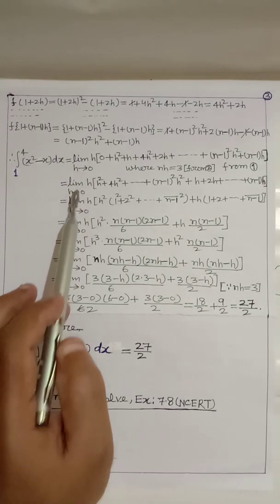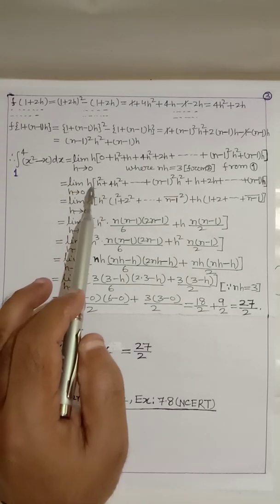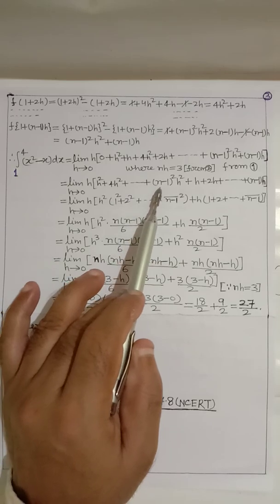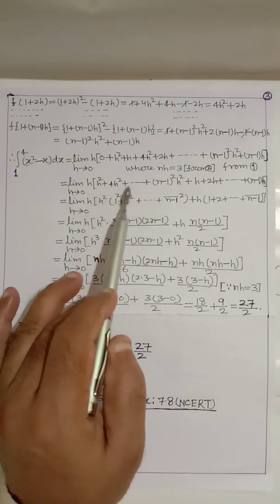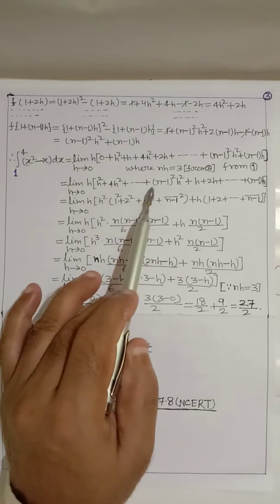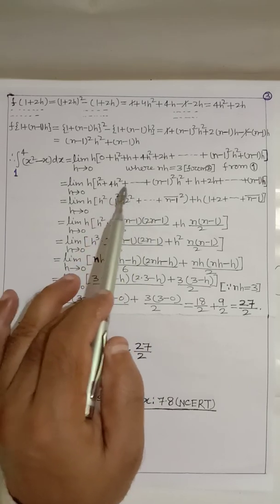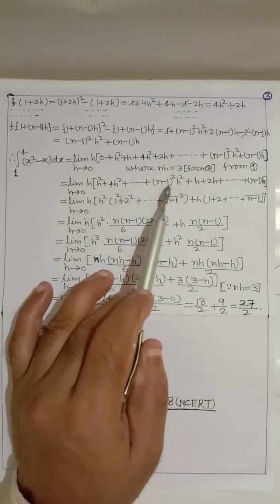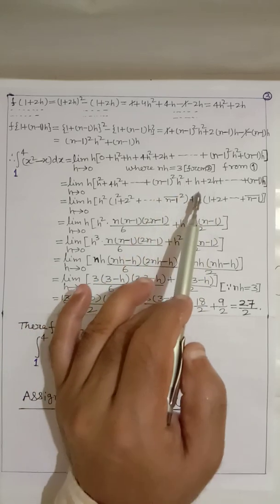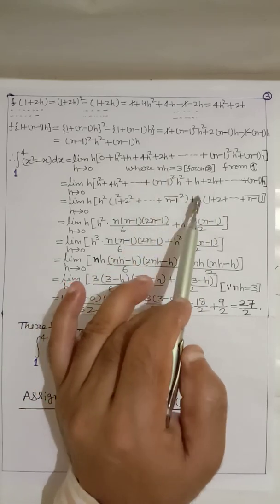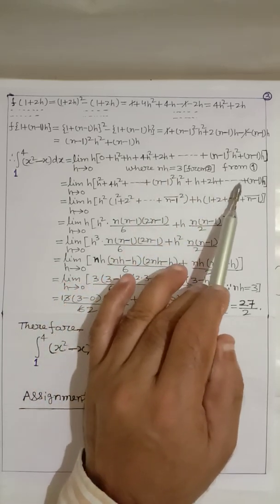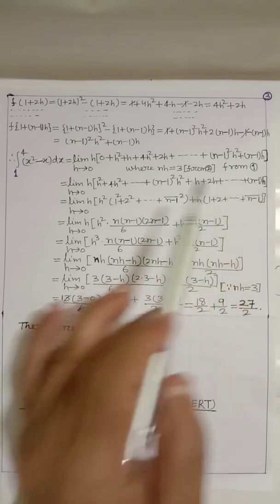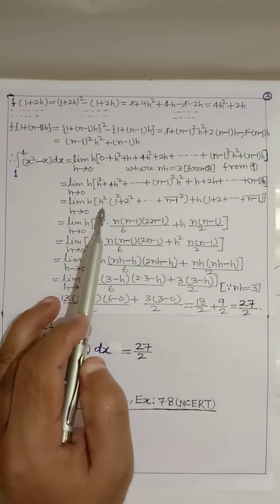This is equal to limit h tends to 0 of h into, we arrange the square terms together, we get h square plus 4h square plus and so on plus n minus 1 whole square h square, plus the remaining terms h plus 2h plus and so on plus n minus 1 h. And here we have taken h square as common.